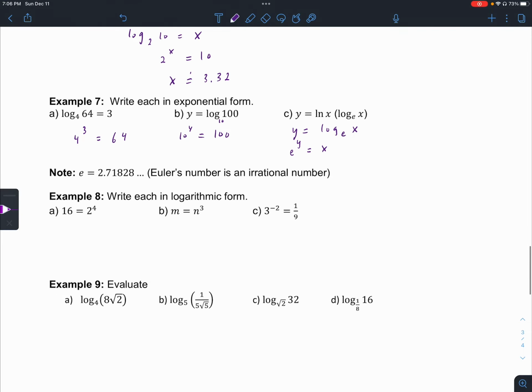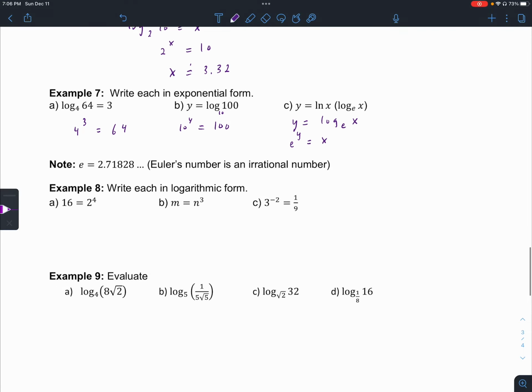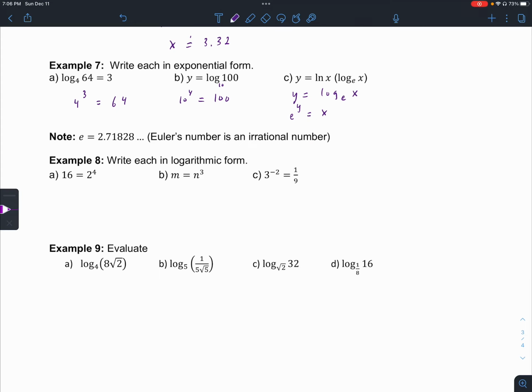Okay, so these ones here, we want to convert them to logarithmic form. So let's do that. Log to the base 2 of 16 is equal to 4.